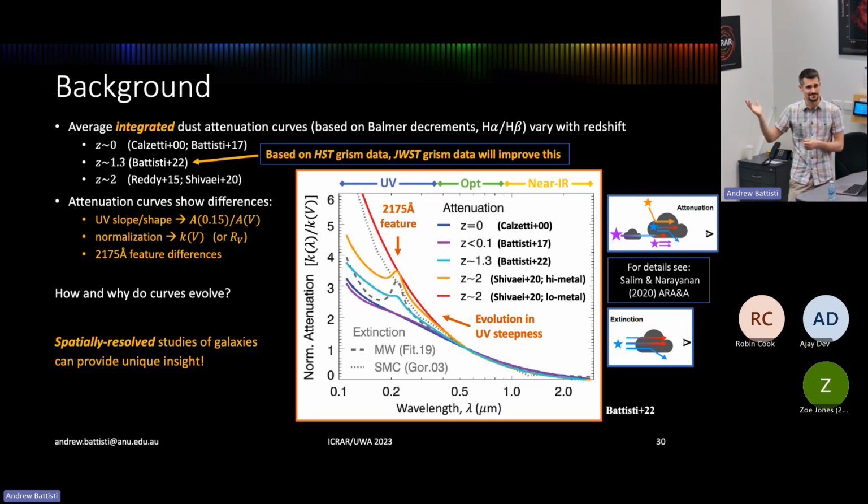Because once we have an 8-meter class UV facility, we'll be able to get extinction curve measurements of galaxies in the local volume. Basically, for every galaxy in the local volume, we'll be able to resolve individual stars and characterize the dust extinction that way. And I think that would probably be the best way of understanding that.